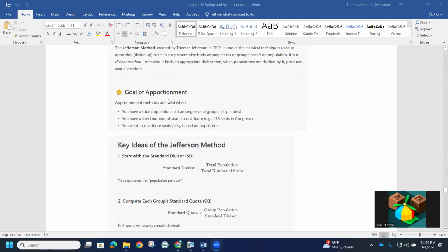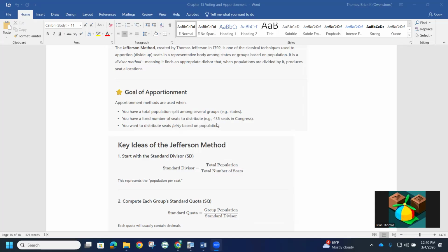Again, the goal of apportionment is you want to use the total population of the groups, and you want to make sure you apportion each group based on population. And again, you have a fixed number of seats to distribute.